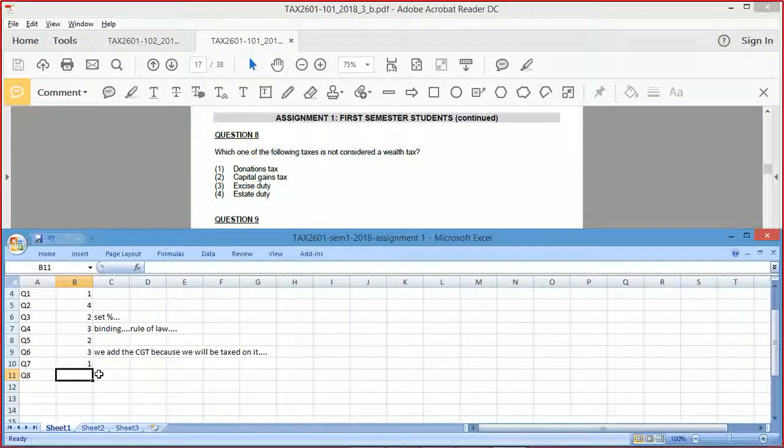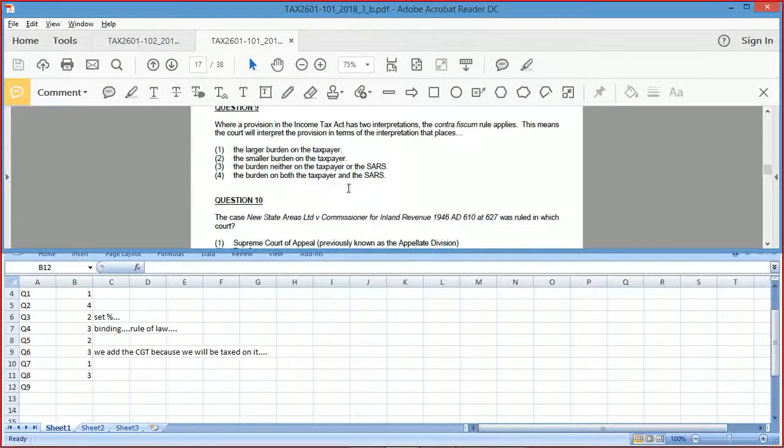That's looking at trading, at operations. That's not a wealth tax. Estate duty we just spoke about a few minutes ago. Estate is your wealth. You have to pay taxes when you die. Definitely a wealth tax.